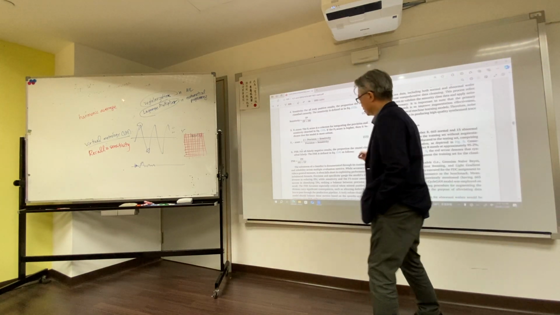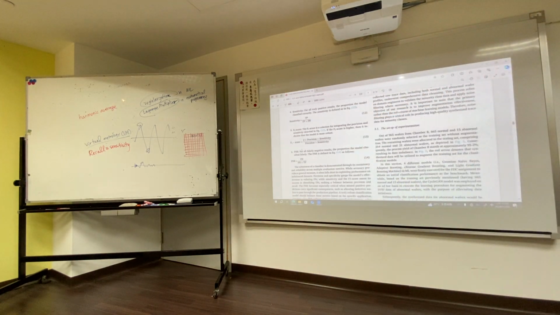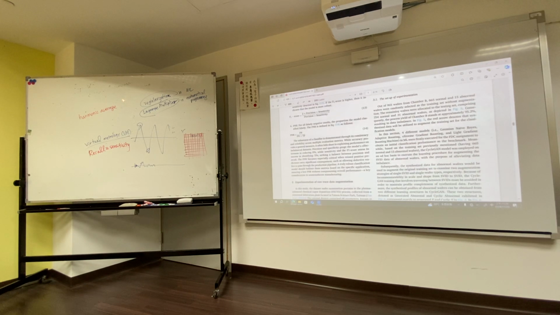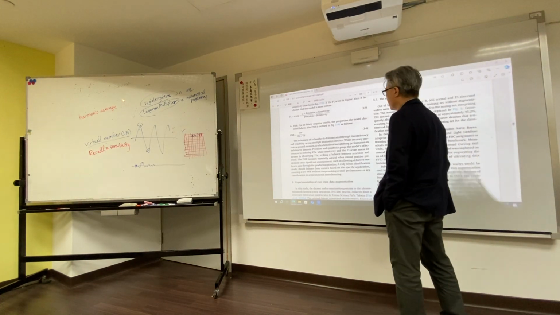Then the last, a very important one, called the false negative rate. It is the proportion of the abnormal wafers that the model classified falsely.